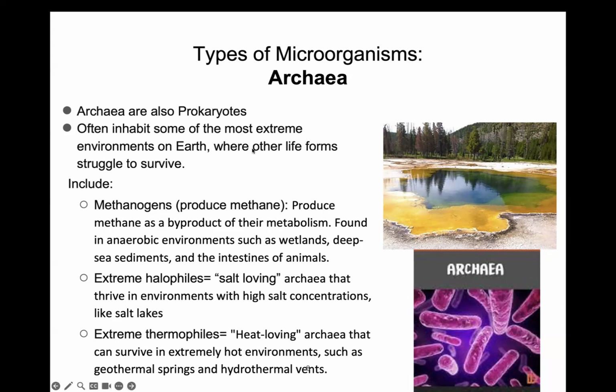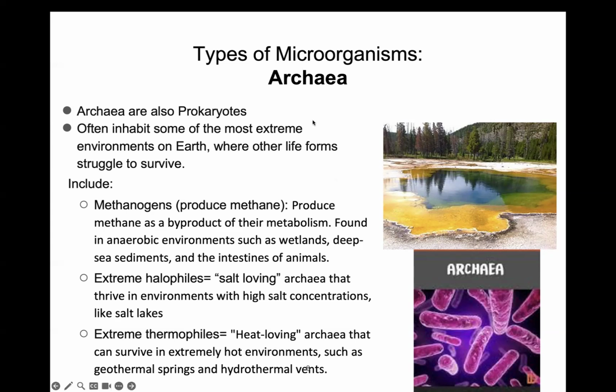So we see archaea that live in very, very salty environments. We call those extreme halophiles. Halo means salt. Phile means loving. So there's archaea that live in environments like salt lakes where there's a high salt concentration. There's archaea that can live in very high heat places like hydrothermal vents deep in the ocean where it's extremely hot.